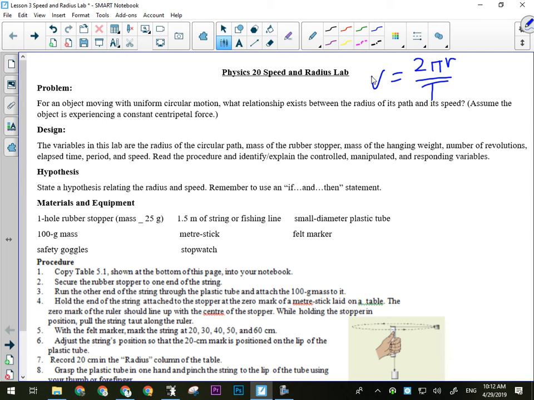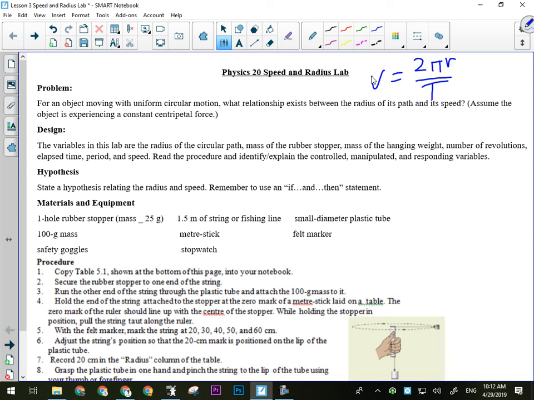All we're going to be doing is whirling the rubber stopper around and around in a circle. Now, the key here is that the centripetal force has to remain the same, because centripetal force can also affect the speed of an object moving in a circle. So that means I can't hold the string.